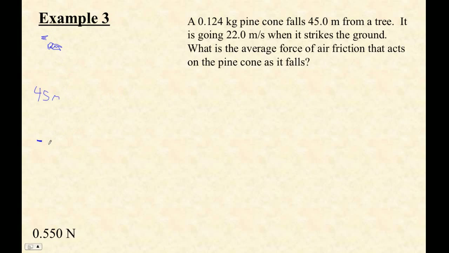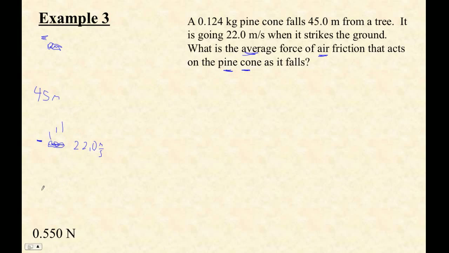And just before it strikes the ground, the pine cone is going 22.0 meters per second, right? And then it says, what is the average force of air friction that acts on the pine cone as it falls? Well, presumably it would be going faster than 22 meters per second if there hadn't been air friction, right?